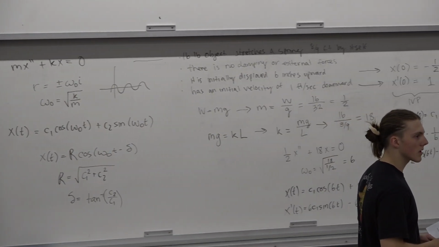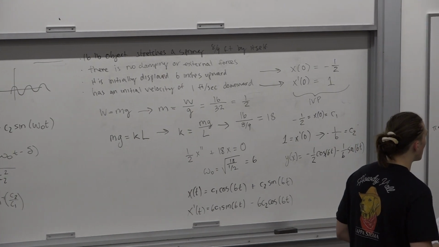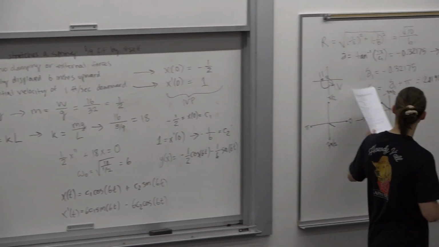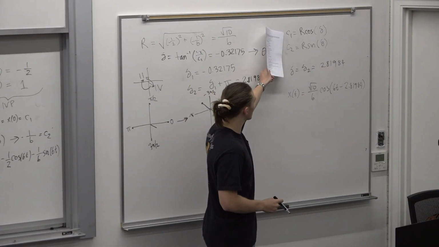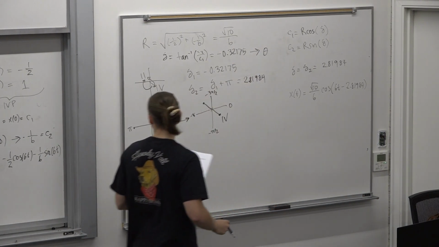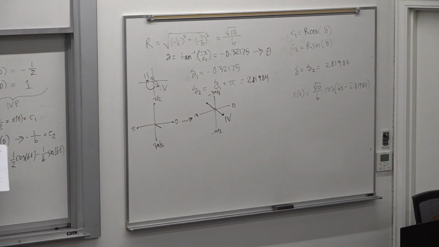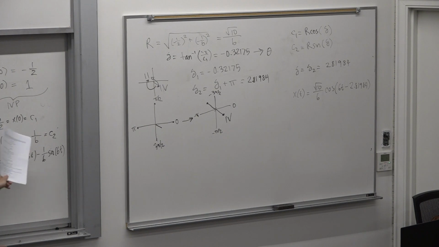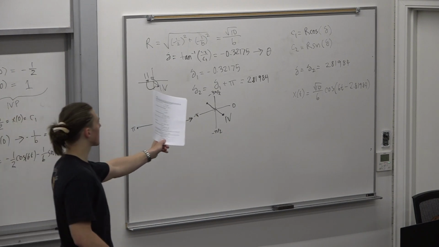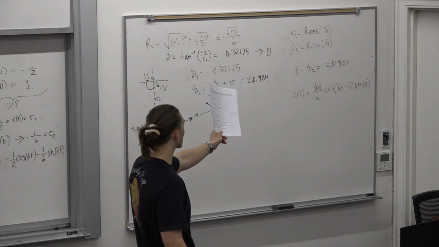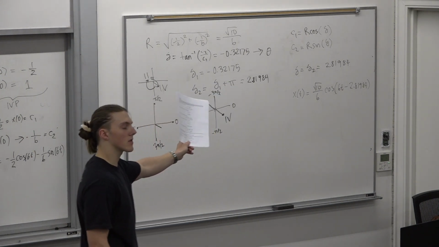Why is delta equal to delta 2 again? Because if you plug in delta 1 and delta 2 into these two equations, you'll get the results that we find here. So we found C1 and C2 before. Yes. When you plug in delta 1 and delta 2, it only holds true with delta 2.